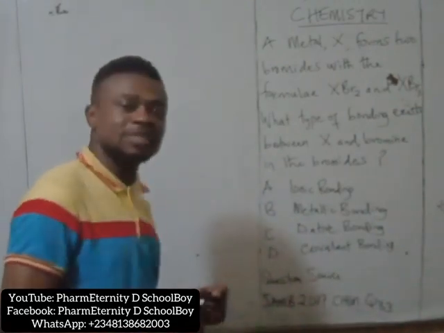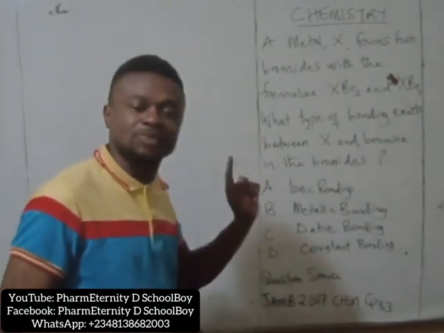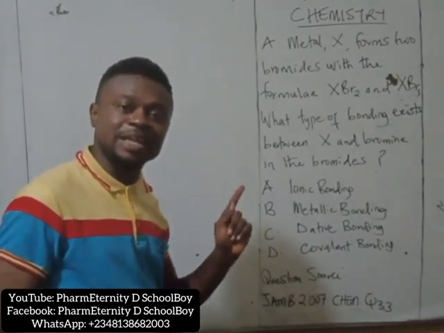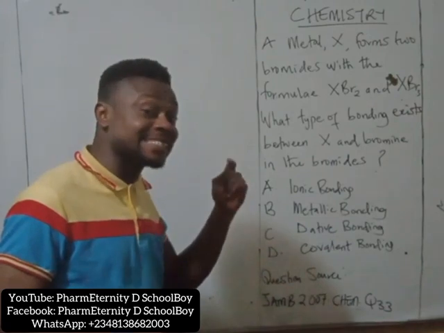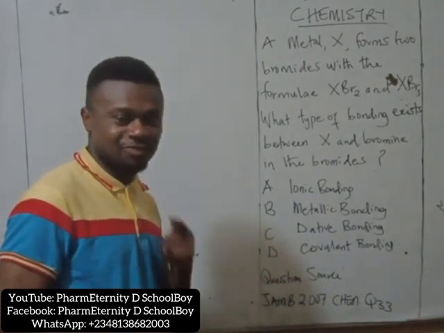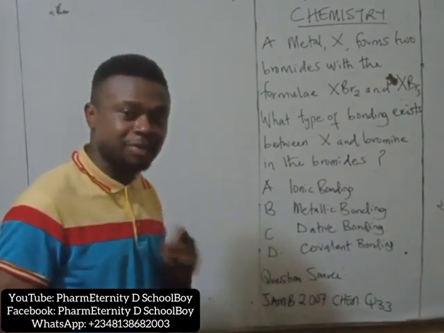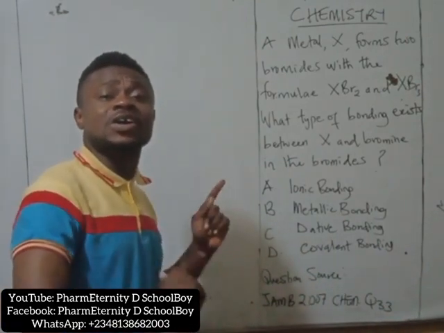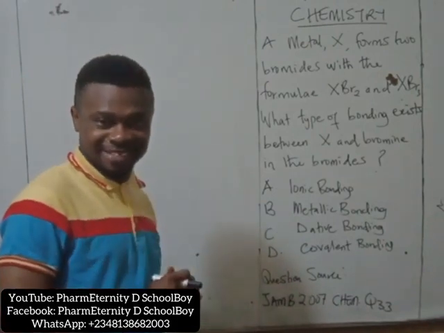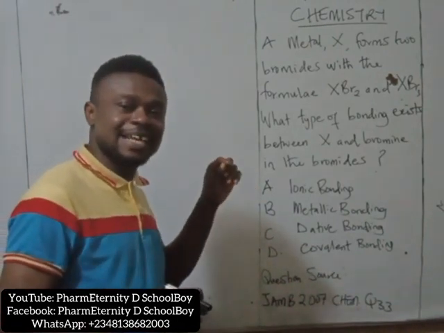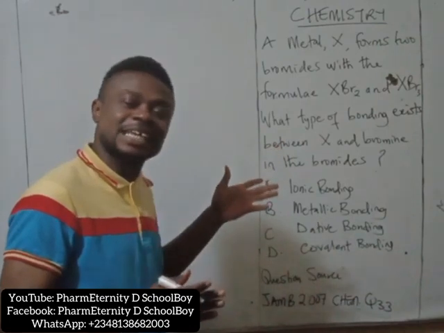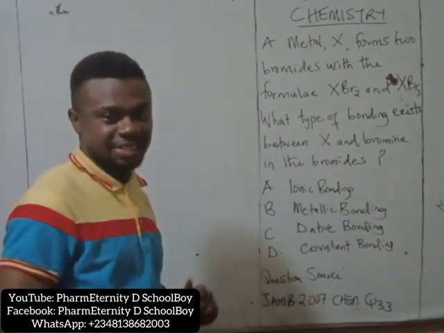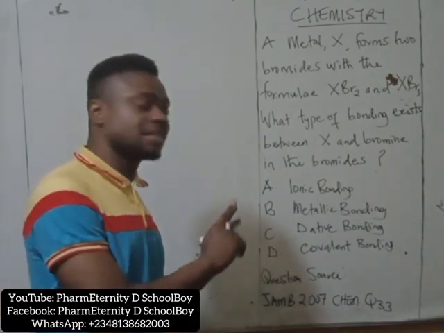So from the question, if bromine is combining with a metal, bromine will do what? It will accept electrons from the metal, because metals donate electrons. On their outermost shell they have 1, 2, or 3 electrons as the case may be, so they can easily donate electrons.